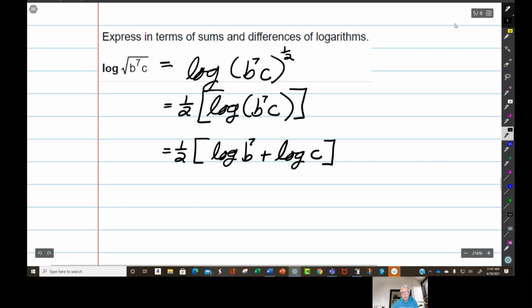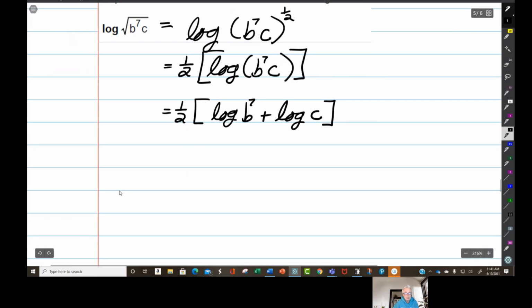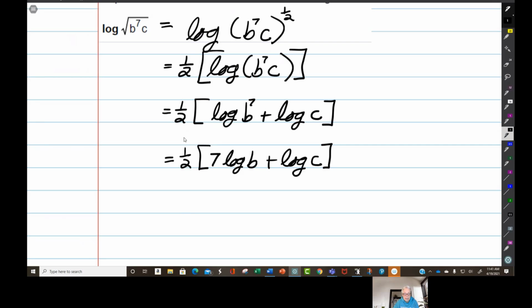Almost done. This is a much shorter one than that harder one. We're going to have 1/2 of 7 log b plus log c. Now I distribute the 1/2. Oh dear.